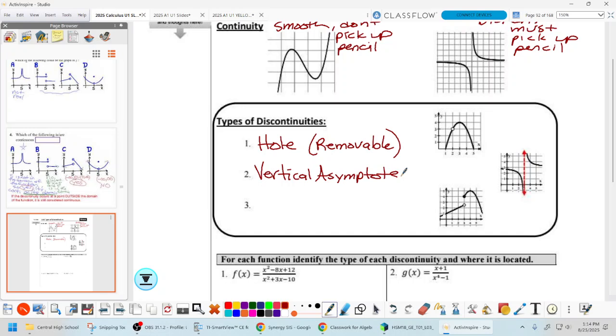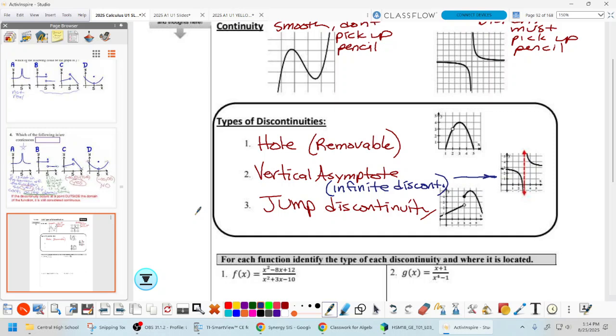I'm going to write that off to the side in a second. And then we have a jump discontinuity. Another name for vertical asymptote is infinite discontinuity. So if you hear that, that's what it's referencing.